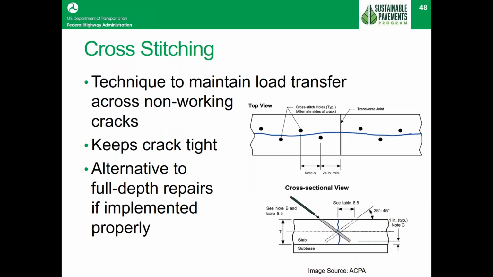Now, cross stitching. This is one of these techniques where you address a situation where most of the pavement might be good, but you just have a couple cracks in there that are not related to loading, but got in there somehow or another. Maybe the concrete got poured on a day that was too hot or too cold.